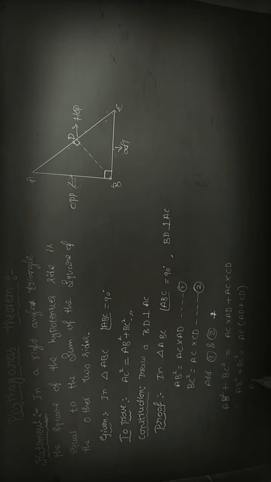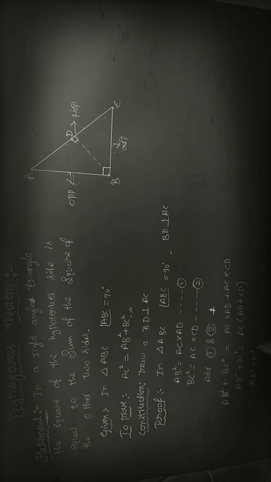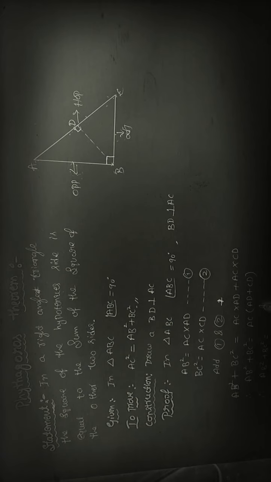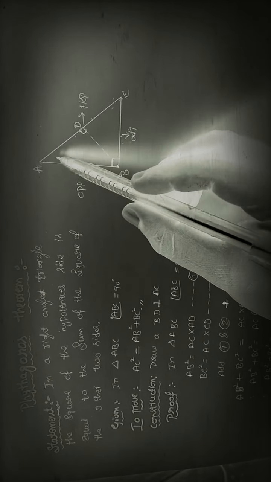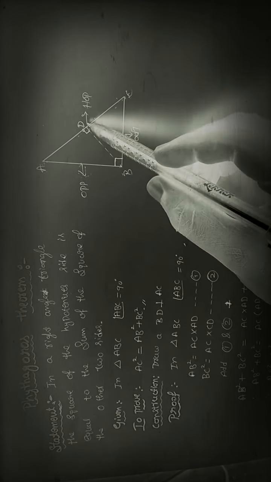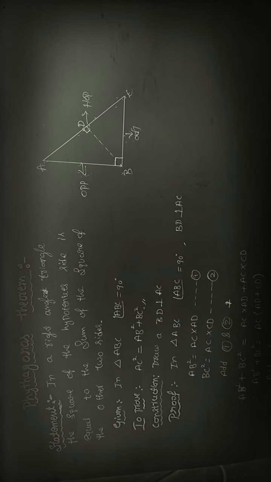Therefore AB square plus BC square is equal to AC into AD plus CD. What is AD plus CD? AD plus CD is nothing but AC, right?